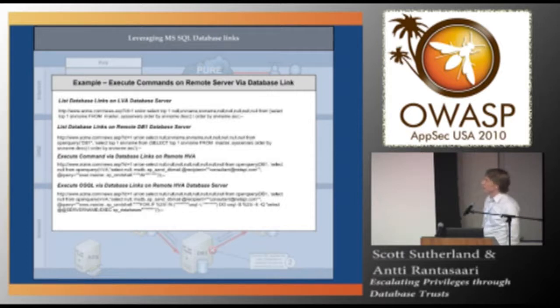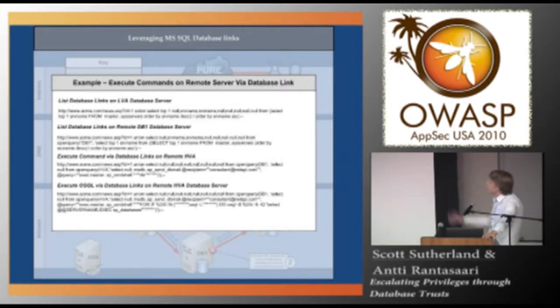What we can do here, though, is select server name from master.sysservers table, which is a table in MS SQL that stores all the information about linked servers. So if you can do a SQL injection on the LVA web application, we can query that sysservers table and get all the links on LVA.